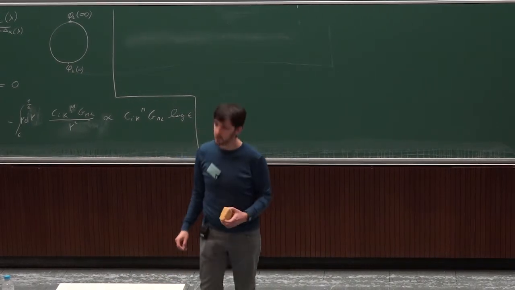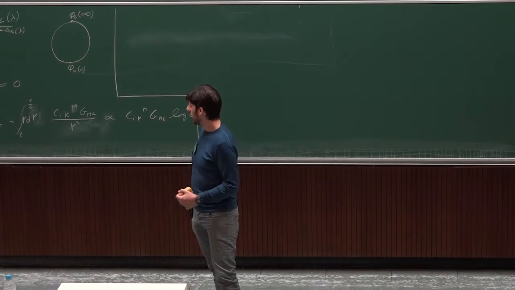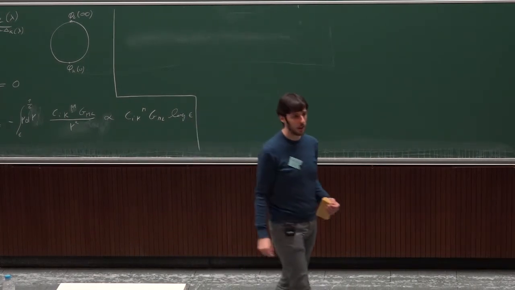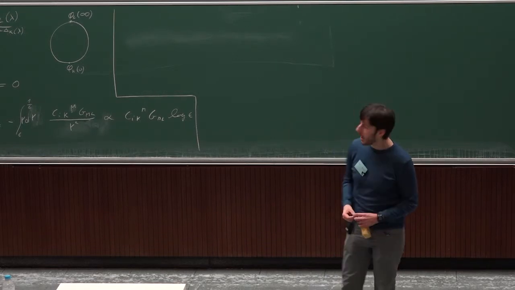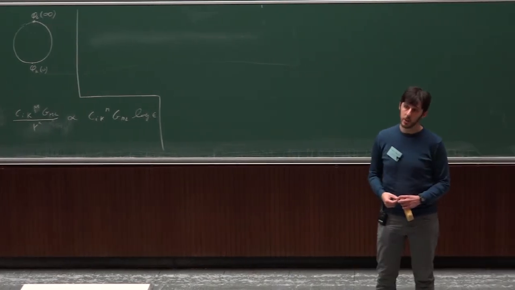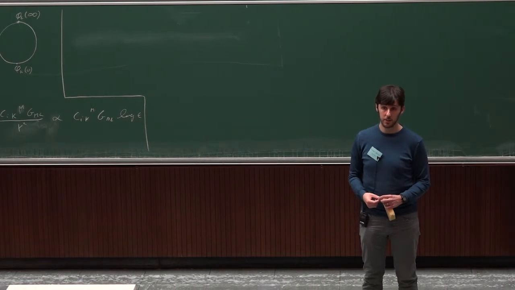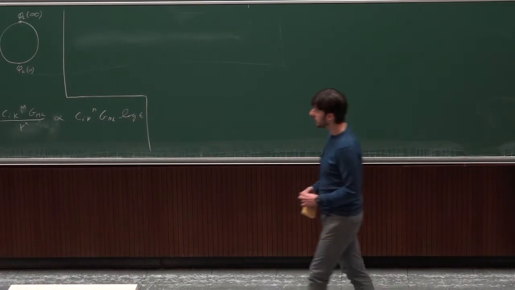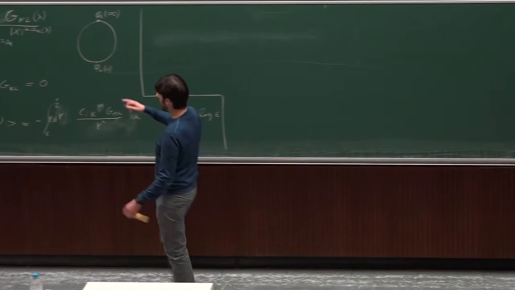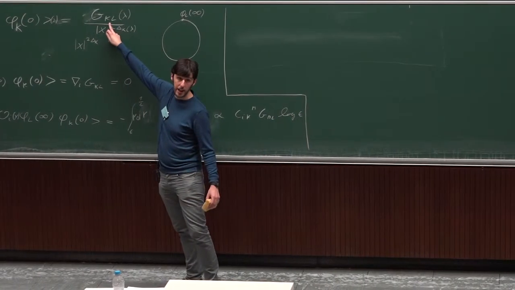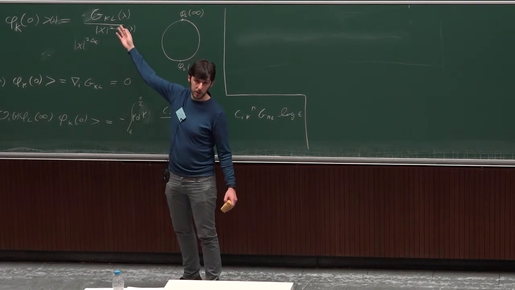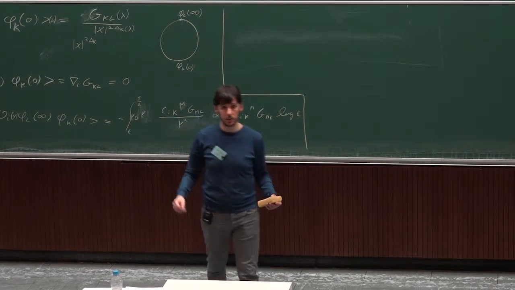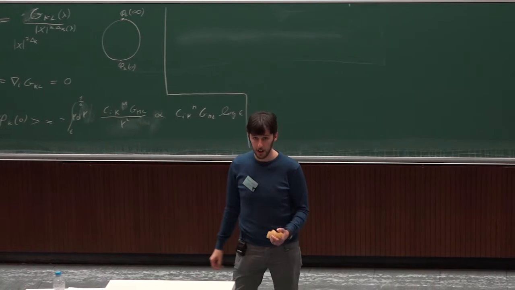Sorry. So the question is, why do you call this unitarity, since G_KL is not obviously positive? Well, I'm working only with unitary CFTs. And in unitary CFTs, you can always show that this is diagonalizable, it's symmetric, obviously, but it's also positive as a matrix. So it has only positive eigenvalues.